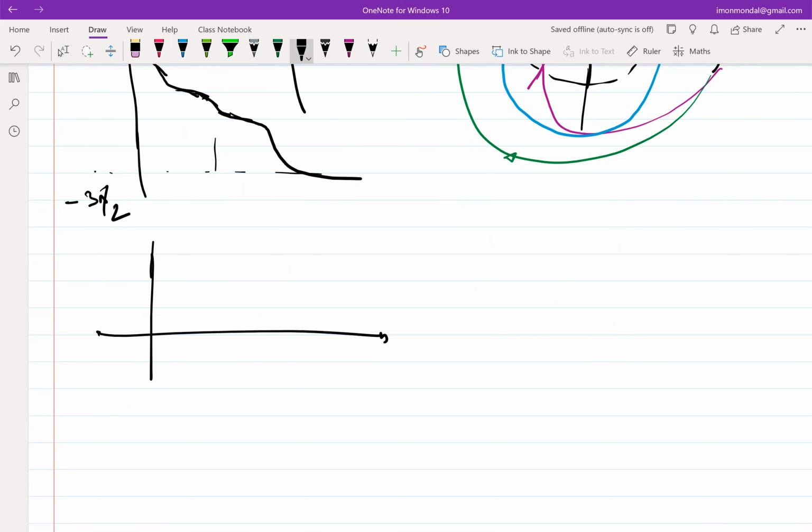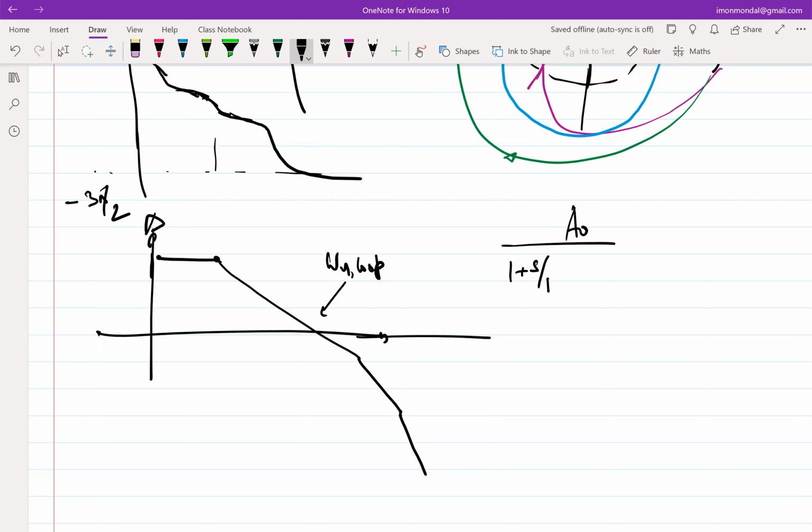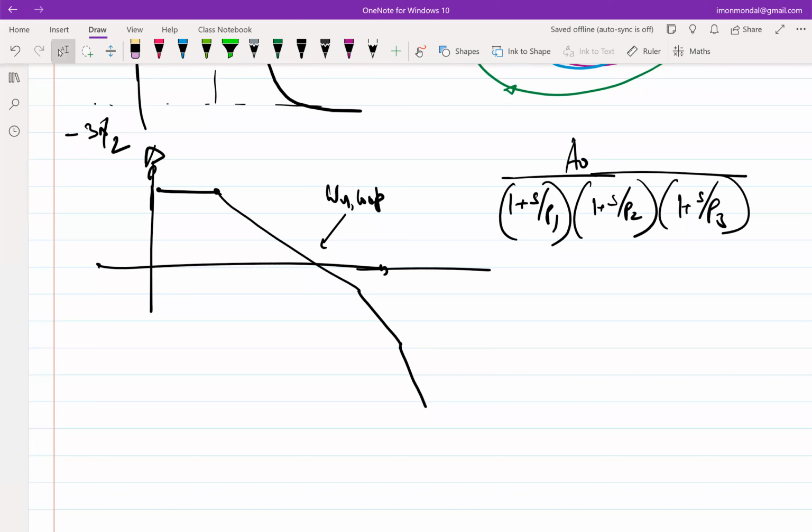So now let's switch back to Bode completely. Let's say you have a second order system or maybe a third order system, and you have figured out this is omega U loop, and let's assume this is A naught. What is the first thing that you will try to figure out?